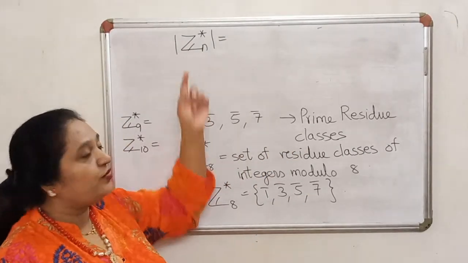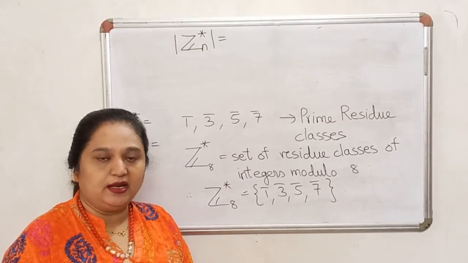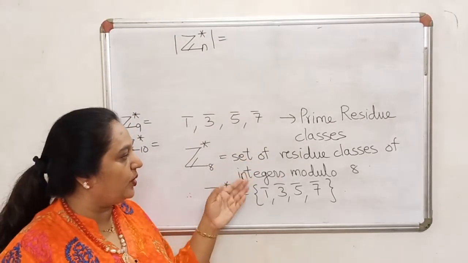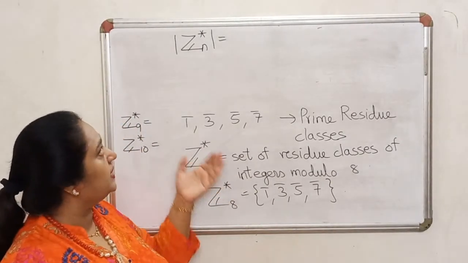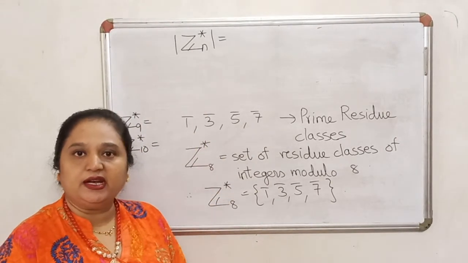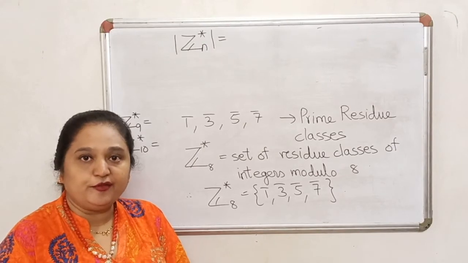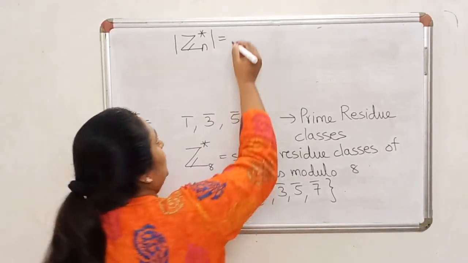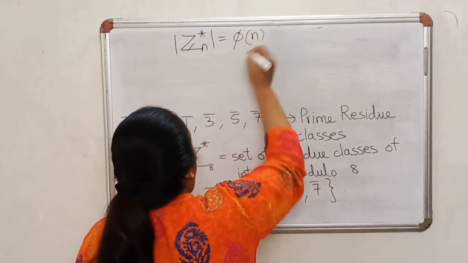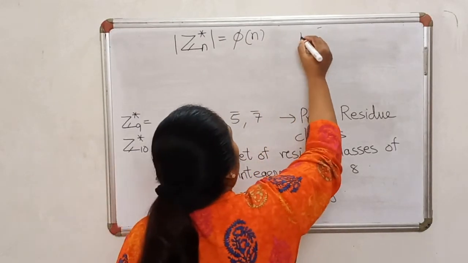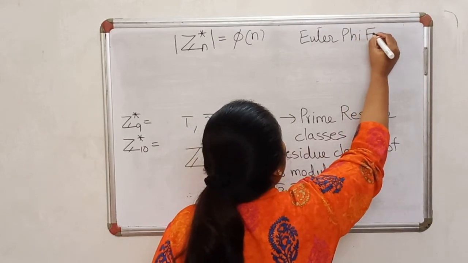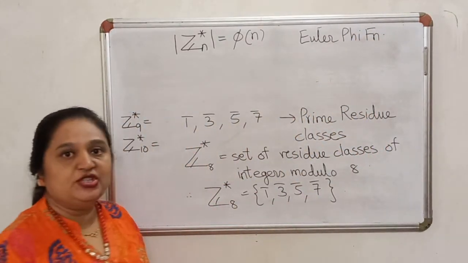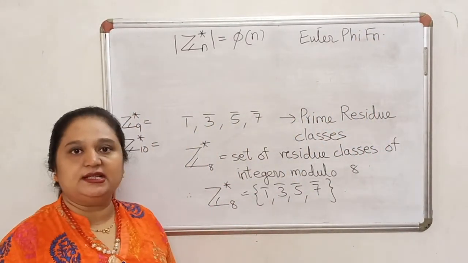In general, which will be the elements in Zn star? They will be the set of prime residue classes of integers modulo n. Means they will be precisely those integers less than n, which are relatively prime to n. And if you are aware, there is a function called the Euler phi function, which counts precisely the same thing.